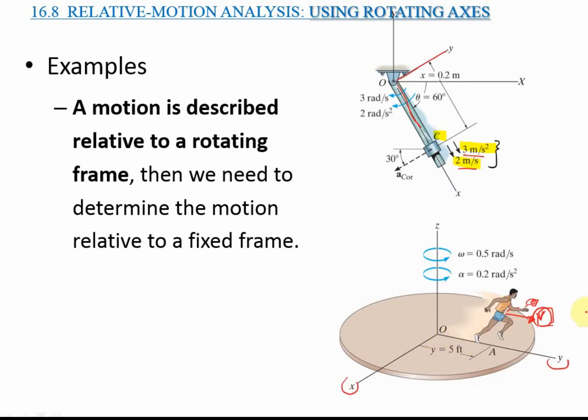The problem is, in many cases, the motion is described relative to a rotating frame, but sometimes we need to determine the motion relative to a fixed frame. In that case, how do we convert that relative information to the absolute information?